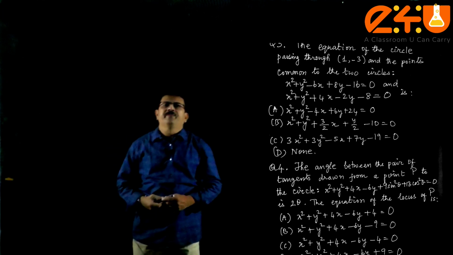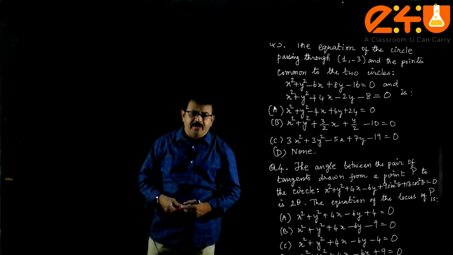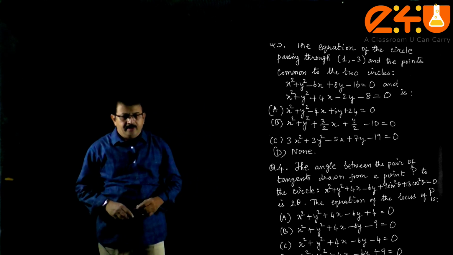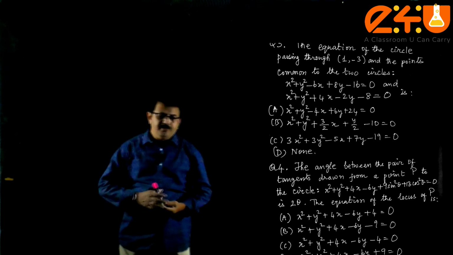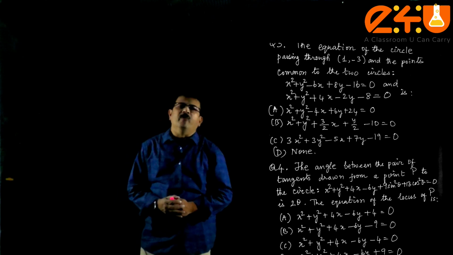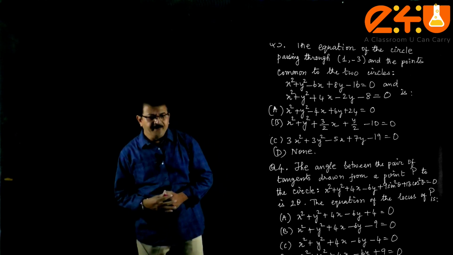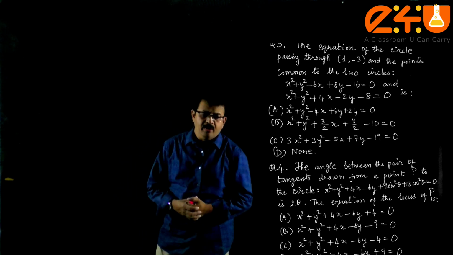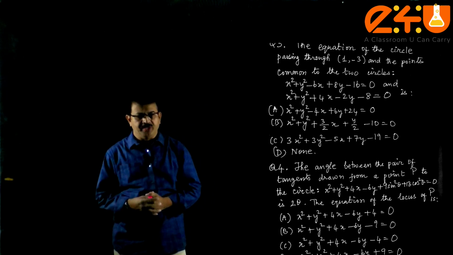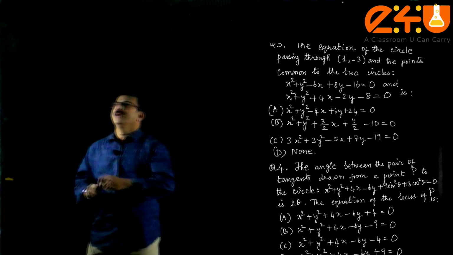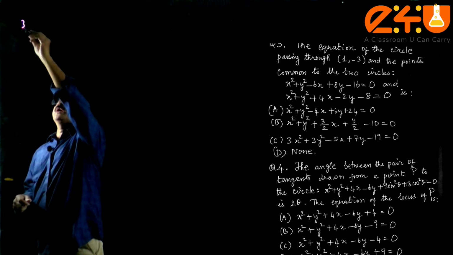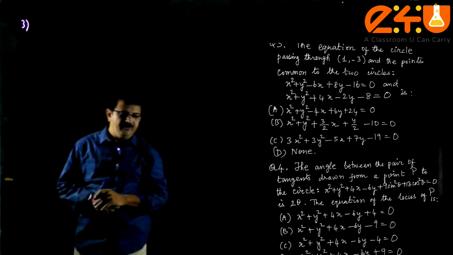The question number 3, we are going to look into it. The equation of circle passing through the point 1, minus 3 and the points common to the two circles. The points common to the two circles, what are they? We don't know.